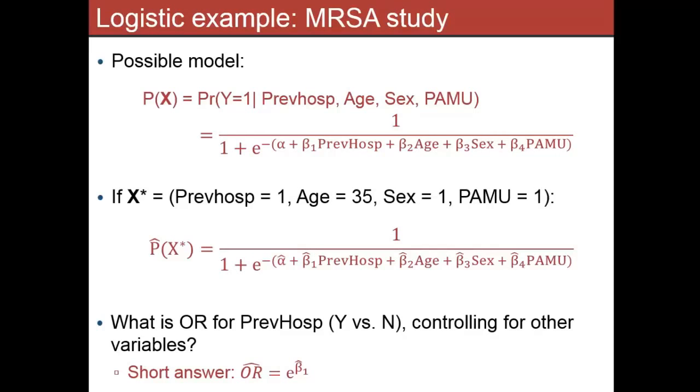In this case, it's this association between hospitalization and resistance. And so we said that the odds ratio is e to the beta 1. And beta 1 is the coefficient corresponding to previous hospitalization.